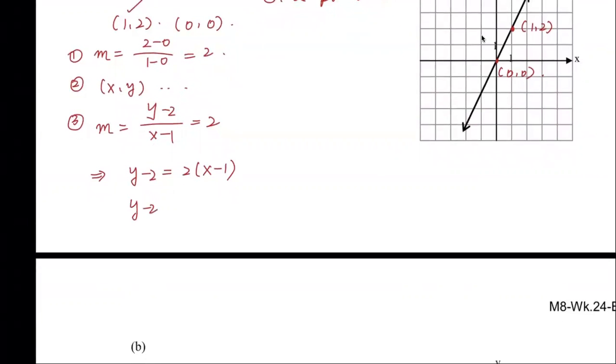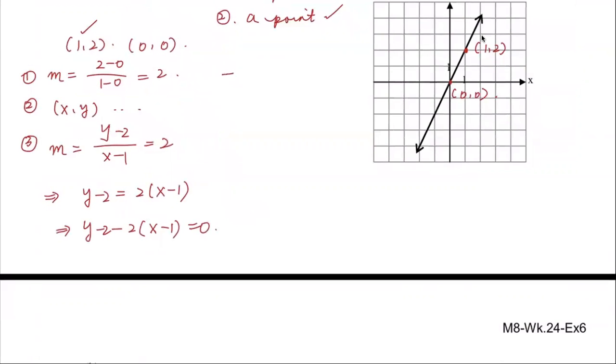So y minus 2 times x minus 1 is equal to 0, and this gives us y minus 2 minus 2x plus 2 is equal to 0. And then we move the x term to the front: minus 2x plus y minus 2 plus 2, that's 0, is equal to 0. So this is the standard form of this equation, okay?